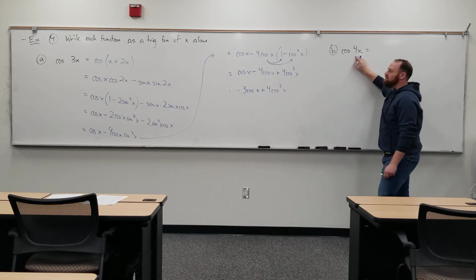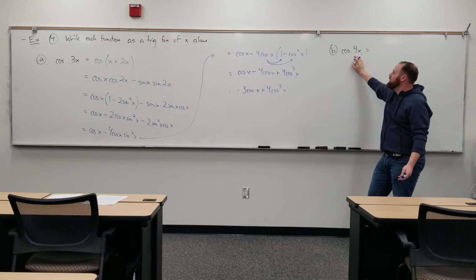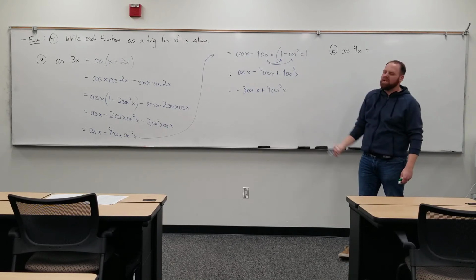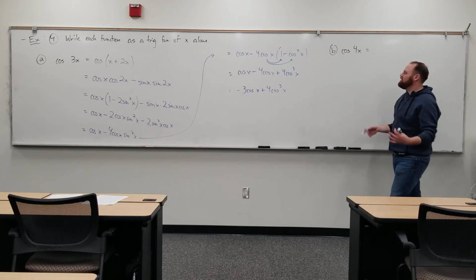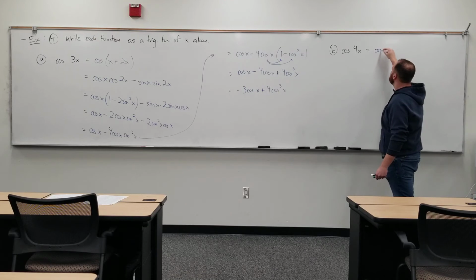Another approach you could take, of course, would be to just call this cosine 2x plus 2x, or cosine x plus 3x, since you know what cosine 3x is now. Whatever, there are a whole bunch of ways you could do it. But I'm going to call this cosine of 2 times 2x.